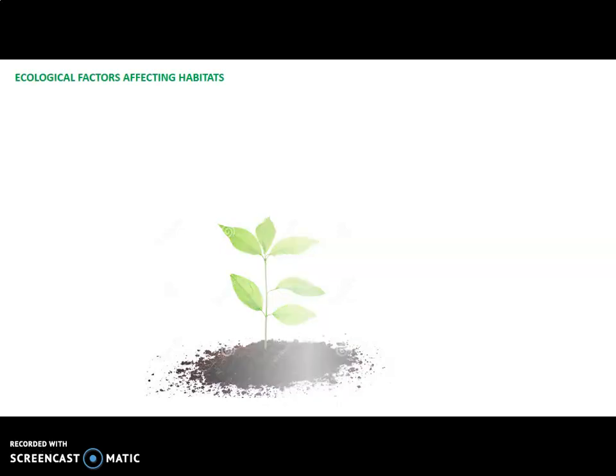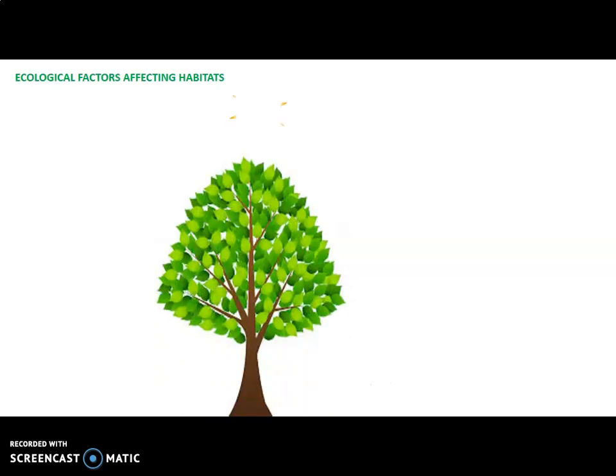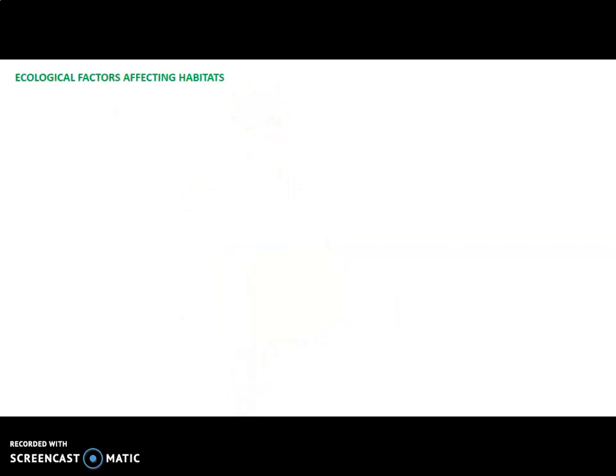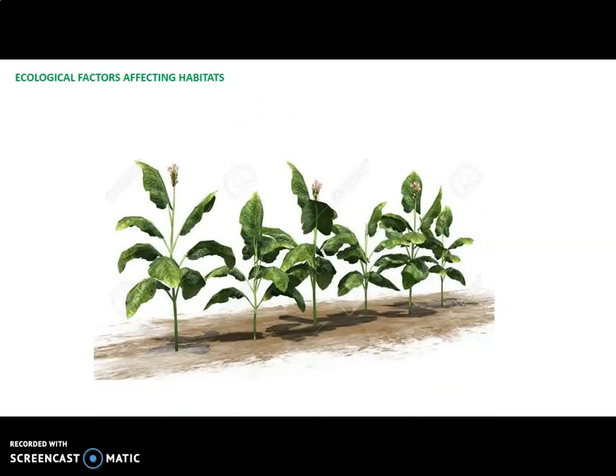It will be decomposed by microorganisms. Microorganisms will decompose them, bringing nutrients into the soil. This nutrient will be added into the soil. It will help also for regeneration or for new plants to grow well.